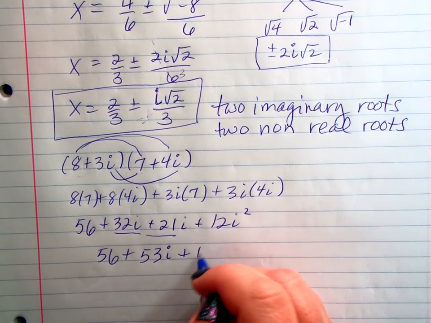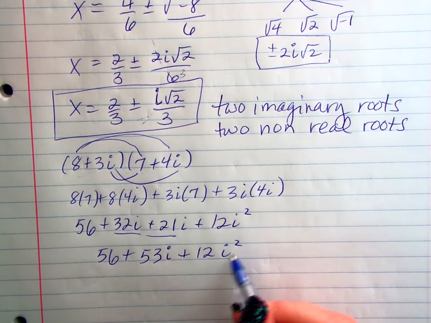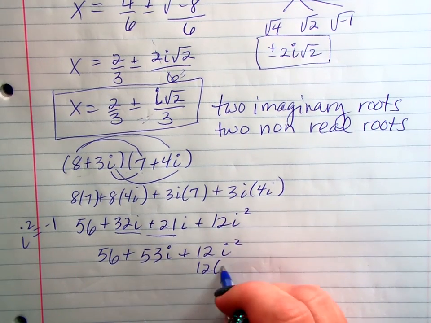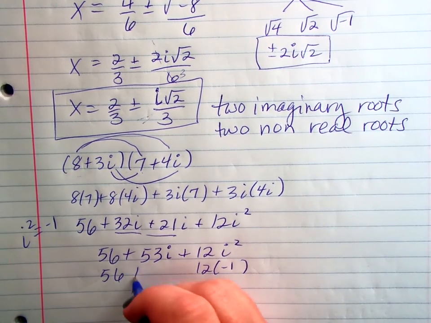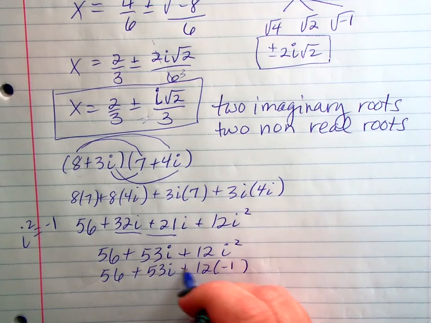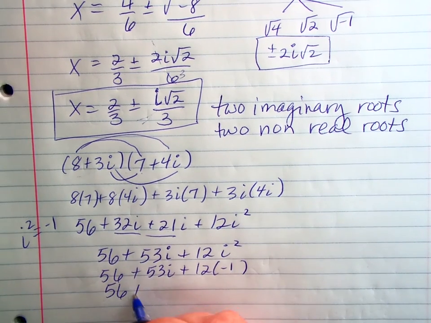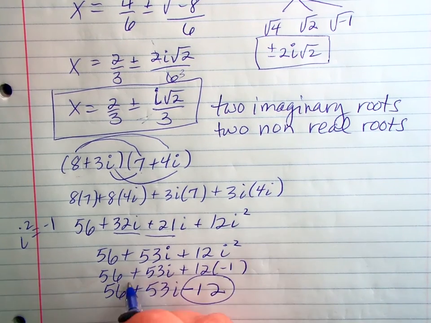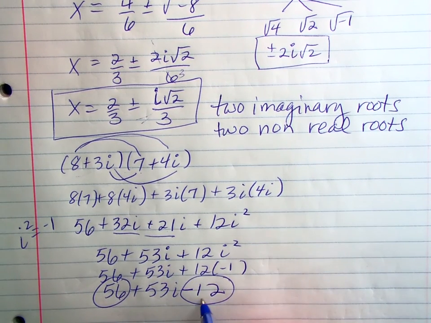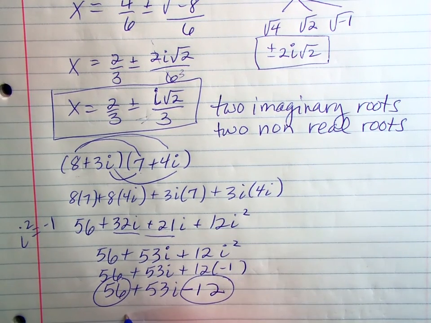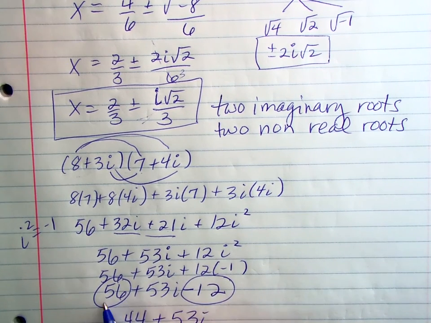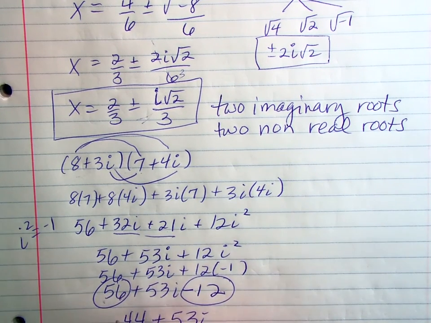And then here at the end, this 12i squared, don't we know that i squared equals negative 1? So our final step is to plug in a negative 1. And so we get 56 plus 53i minus 12. And then I combine like terms for a final answer here of 44 plus 53i. 56 minus 12 gives me 44.